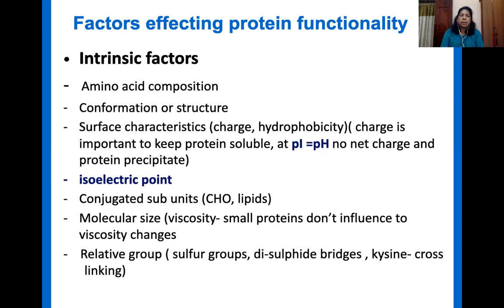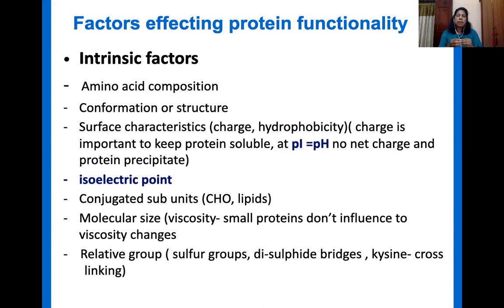The next one is molecular size. The viscosity of the protein depends on the size of the protein, right? If the protein molecules are really big, they can't move very easily. Therefore, the viscosity will increase.